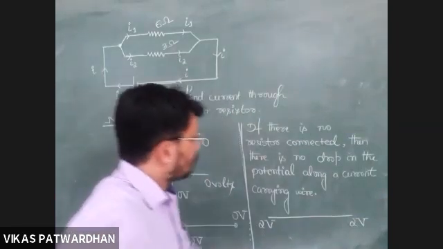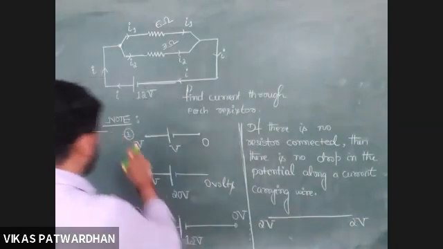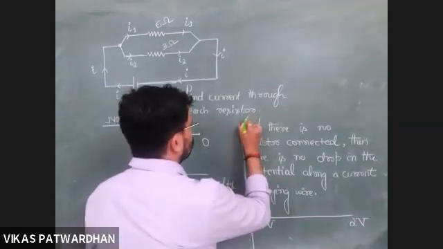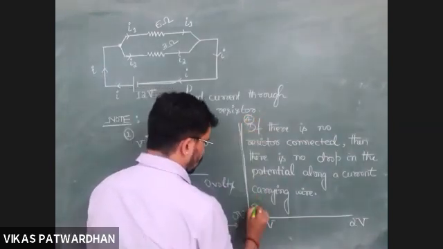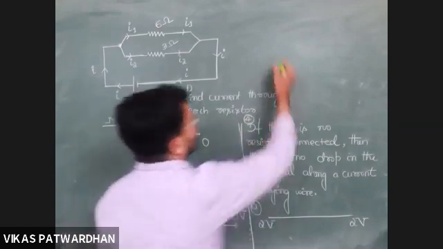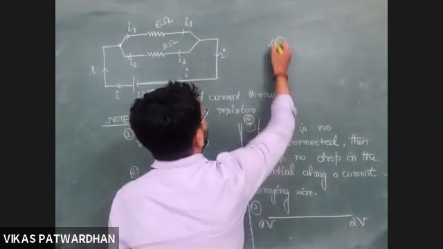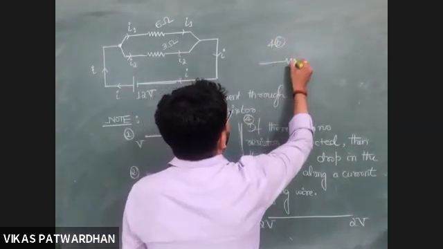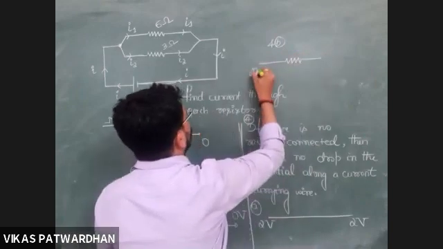So if I write this, 1 2 3, 4A, 4B. If there is a resistor, here it is 2 volts.